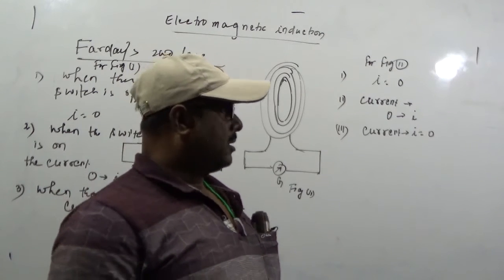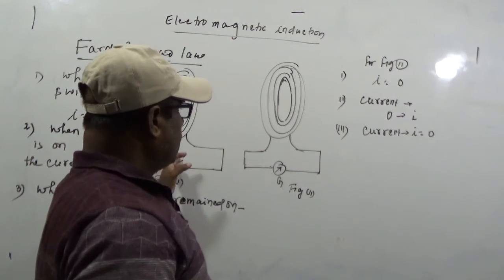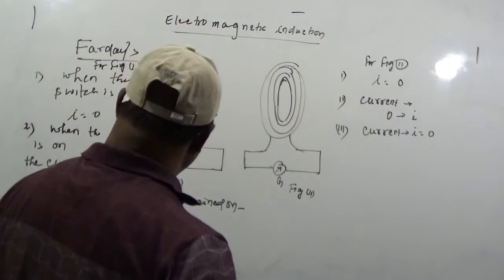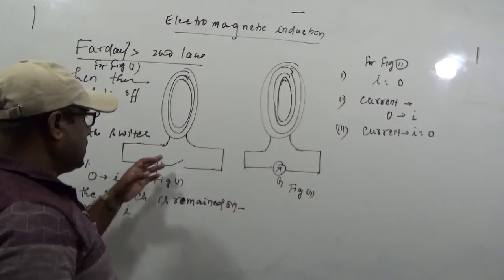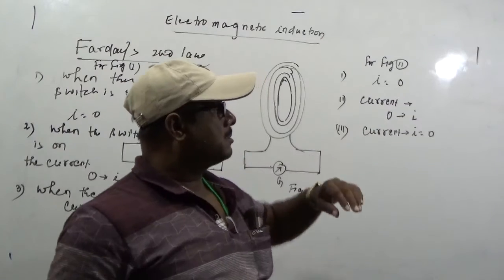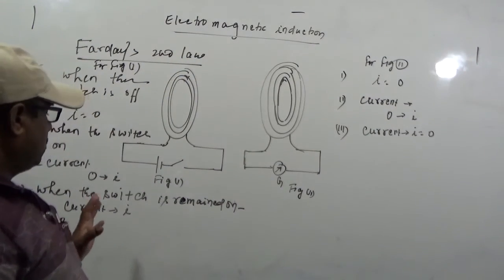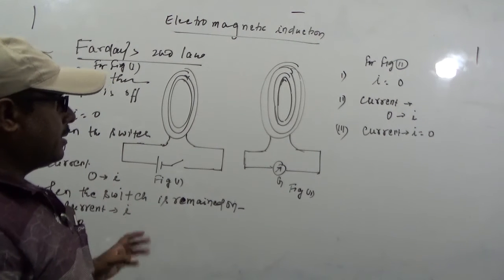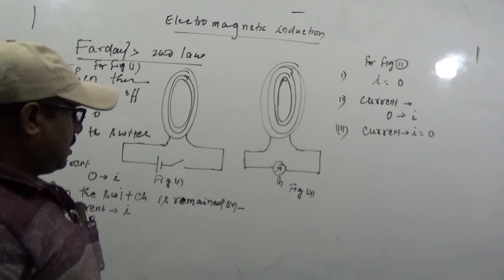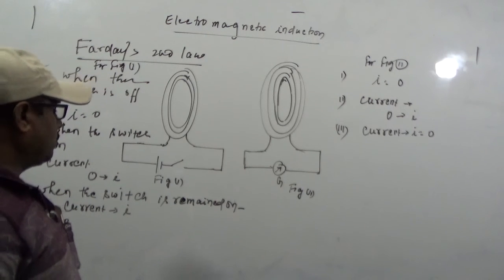Earlier when the switch was off, the current was 0. But when the switch is made on, current is flowing through this coil. Current is also flowing in figure 2. But when the switch remains on, the current in the second coil is 0. Now see the situation when the switch is off.